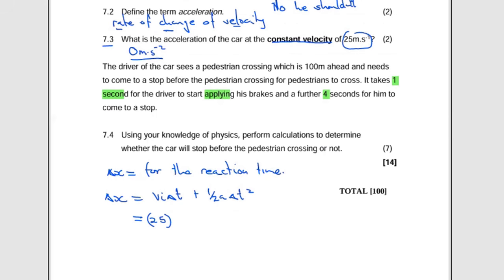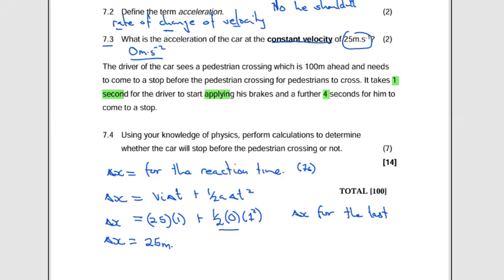The time it took, the reaction time, is 1 second, so I multiply by 1, then plus half the acceleration. The acceleration, remember, is 0 because the car is moving at a constant velocity, multiplied by 1 squared for the time. So delta x, if I do my math, the second part gives 0, and 25 multiplied by 1 is 25 meters.